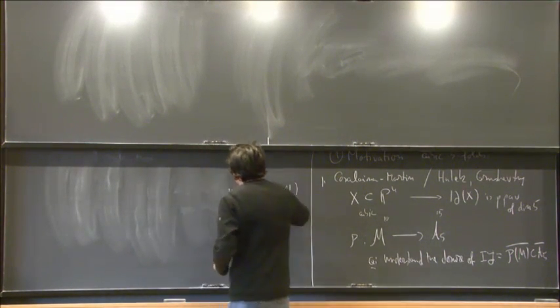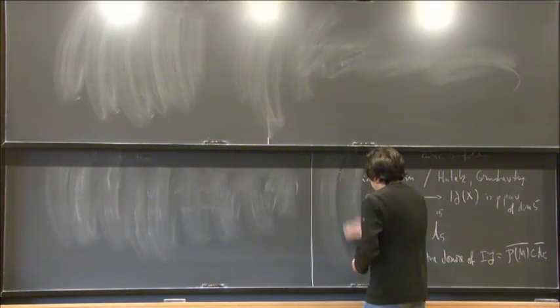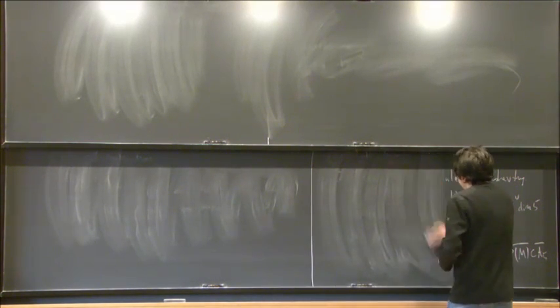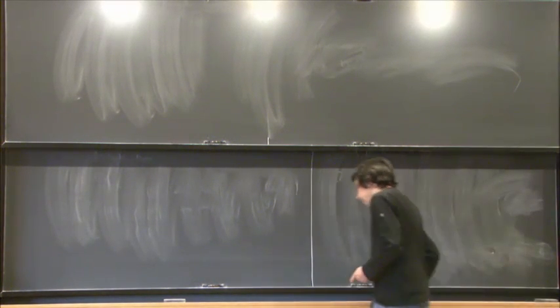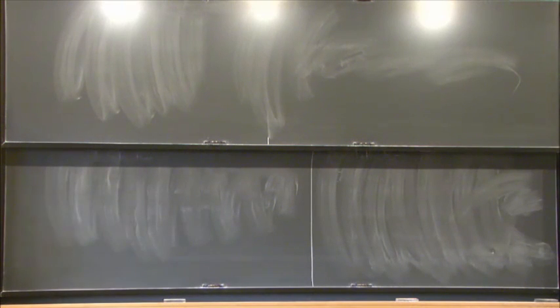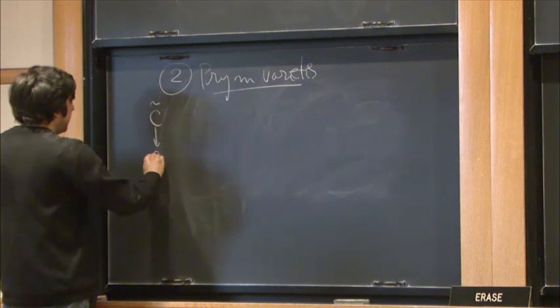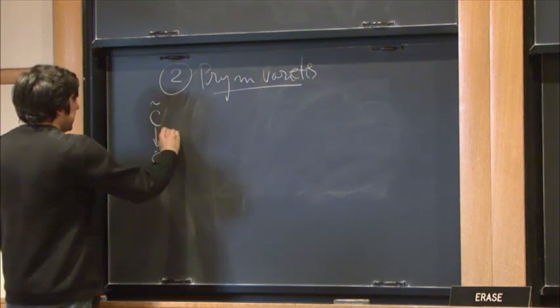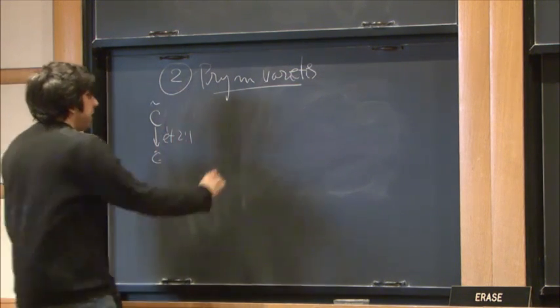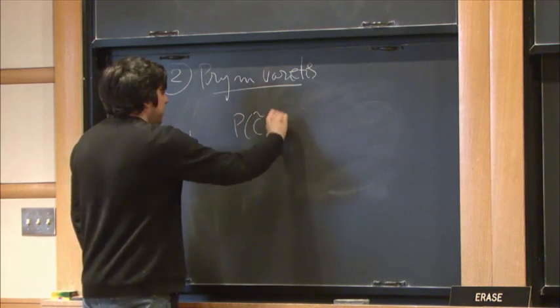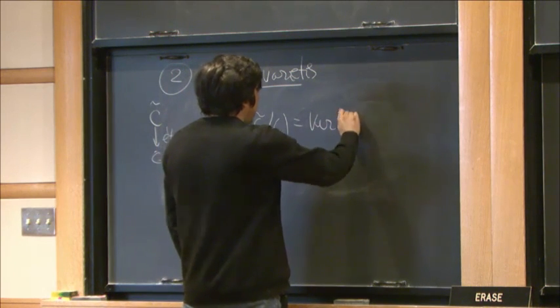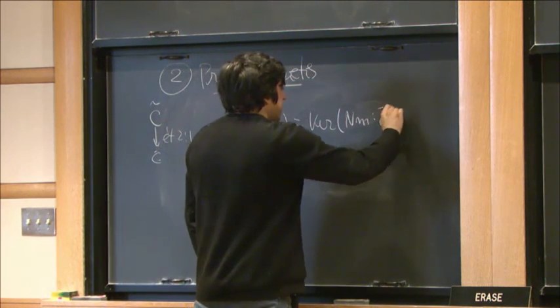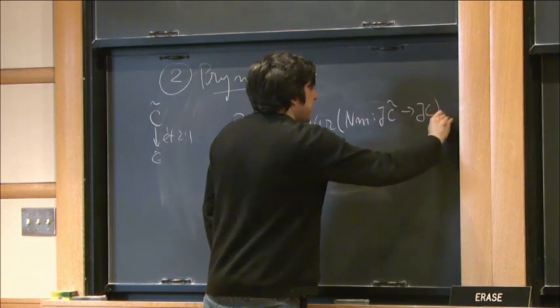So what is a Prym variety to start, and then what do we prove? So the Prym varieties are just some natural generalization of the Jacobians. So one starts with an étale double cover. And the Prym variety associated to this situation is simply the kernel of the norm map going from the Jacobian of C tilde to J of C, the connected component of zero.